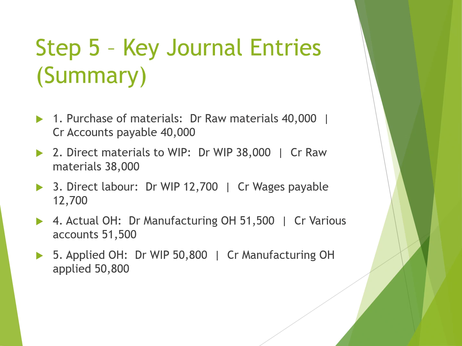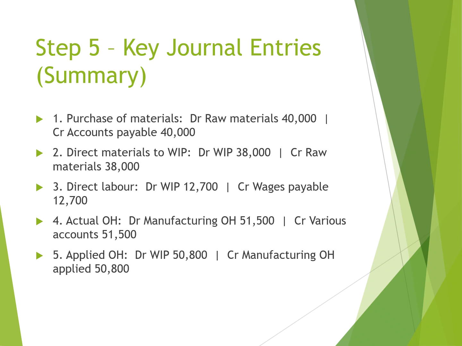Third, for direct labor, we debit work in process and credit wages payable for $12,700. Fourth, as actual overhead costs are incurred, things like utilities, depreciation, and indirect materials, we debit manufacturing overhead for $51,500 and credit various accounts, such as cash, accounts payable, and accumulated amortization.